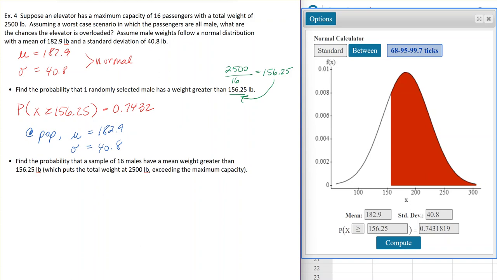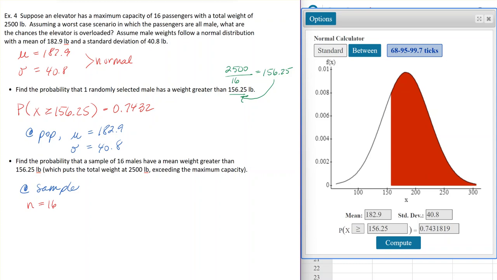Now the second part of this question says, find the probability that in a sample of 16 males, their average weight is greater than 156.25. So this is a question about a sample. And we are told that we have a sample size of 16 men.